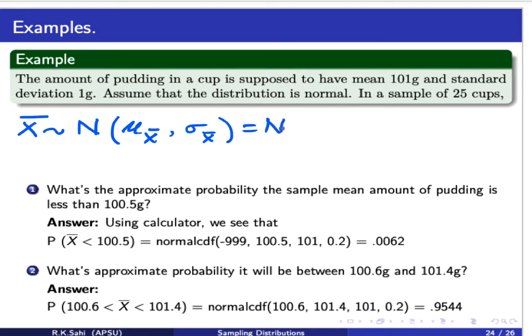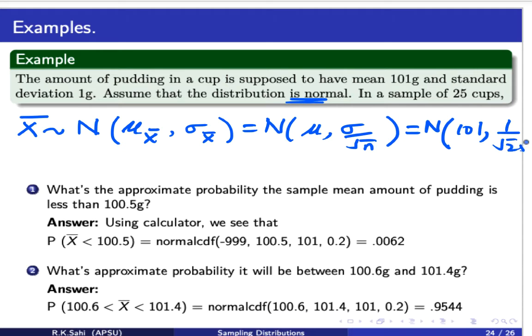The formulas which we have learned: because we are having a normal distribution, any sample mean taken from a normal distribution will be normal, with mean mu and standard deviation sigma over square root n, where n is the sample size. The mean is 101, and sigma over square root n is 1 over square root 25, which is 0.2. So this is our normal distribution, and the sampling distribution of the sample mean is a normal random variable.